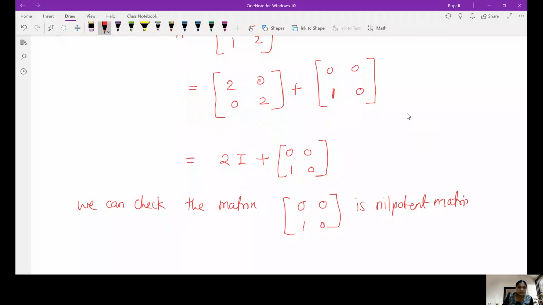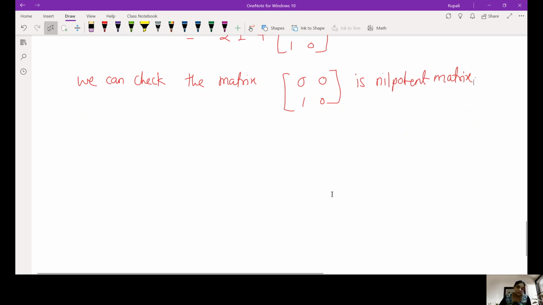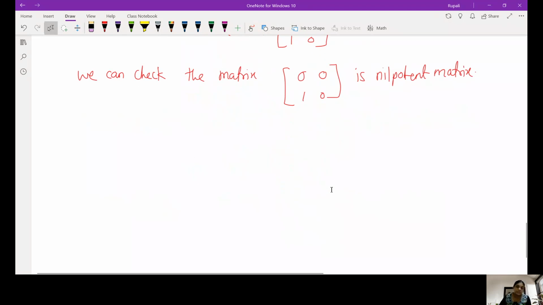What is meant by a nilpotent matrix? If there exists some positive integer m such that A raised to m is equal to 0, then we say that matrix is a nilpotent matrix, and that integer is called the index of nilpotence.